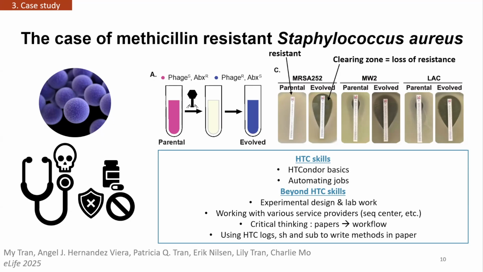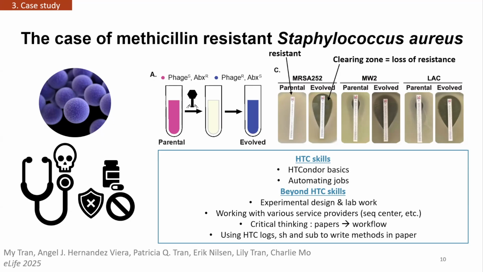The beige background is a colony of bacteria, and this white strip in the middle is an antibiotic strip. And what you can see is in the parental strain, the bacteria is still growing, so it's resistant. And in the evolved strain, the one that was subject to the bacteriophage, it had a loss of antibiotic resistance.